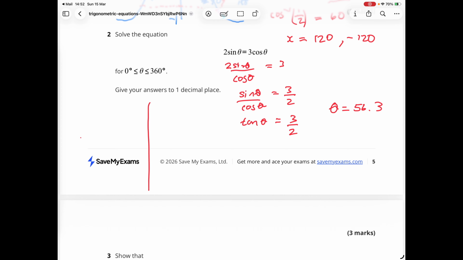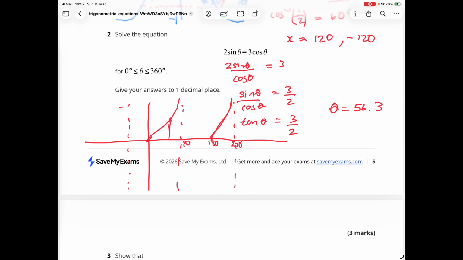Now, if we look at our tan graph, fortunately I don't need to go into the minuses. So that's 90, this is 180, and this is 270, and it goes like that. We know that 56.3 is there-ish. Now I'm just going to do the bits that go over there.